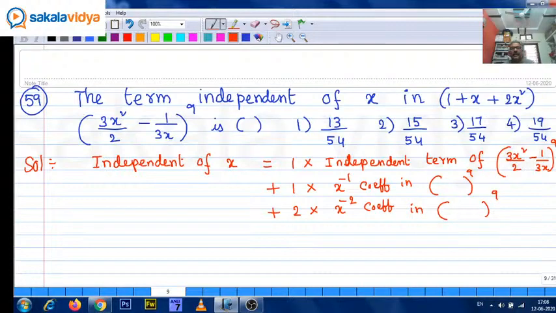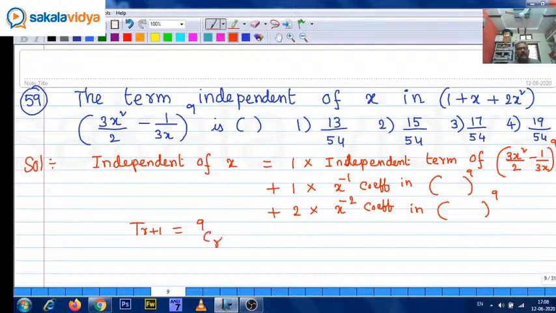So that means we need to find the independent term of the expansion, the x to the power of minus 1 coefficient, and the x to the power of minus 2 coefficient. For that, let T(r+1) be the general term. Let us write the general term.